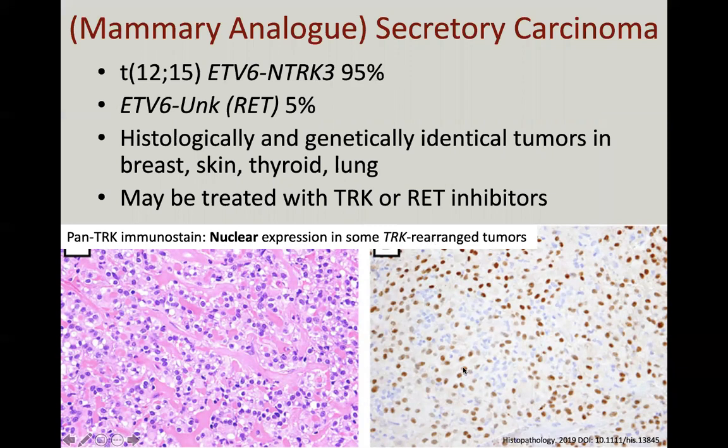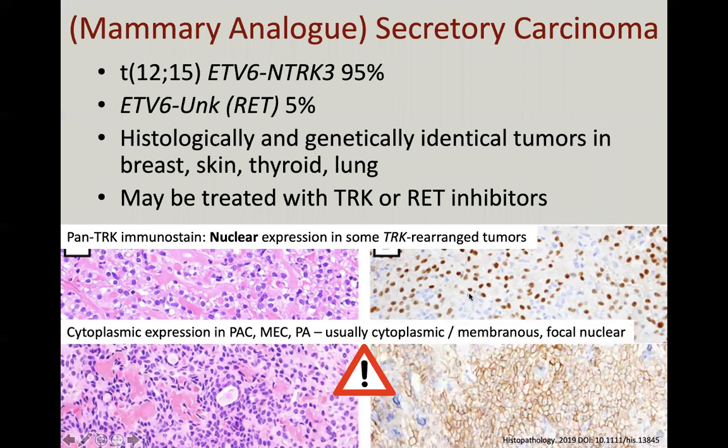And so there is a TRK immunostain, which we don't have here, but apparently is thought to have nuclear expression, but can have cytoplasmic expression in various other tumors. So in this case, TRK expression is going to be specifically nuclear, but arguably genetics are still more specific than immunohistochemistry, but there is a TRK immunostain out there.